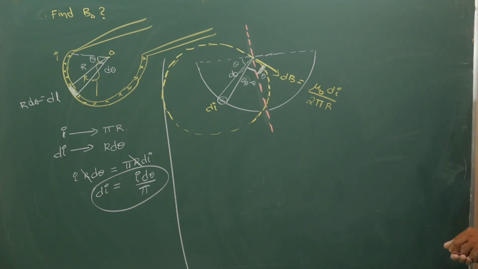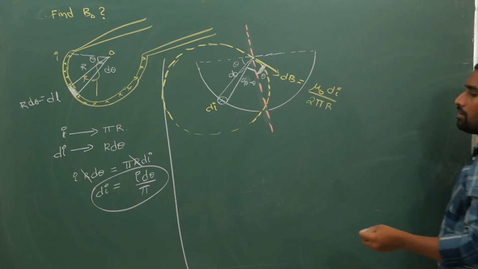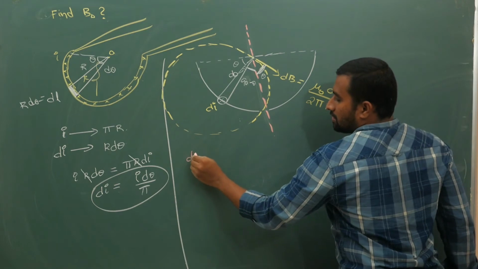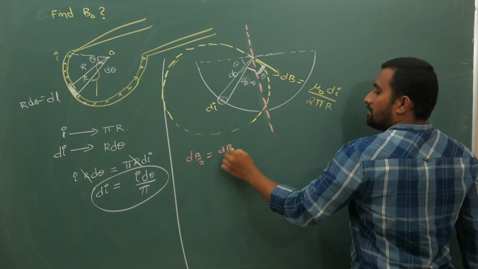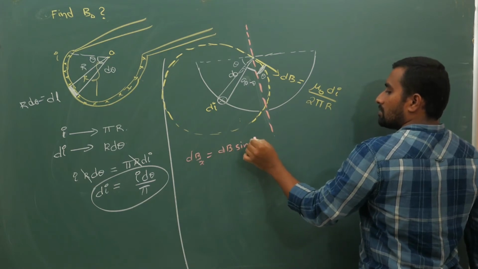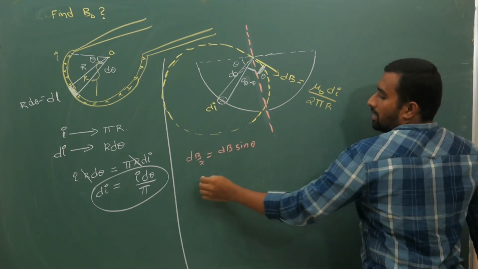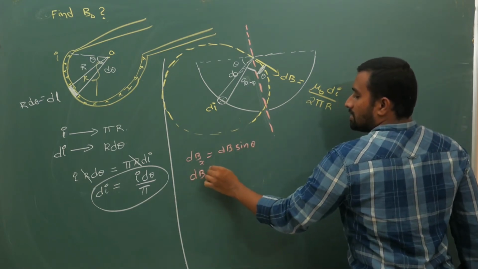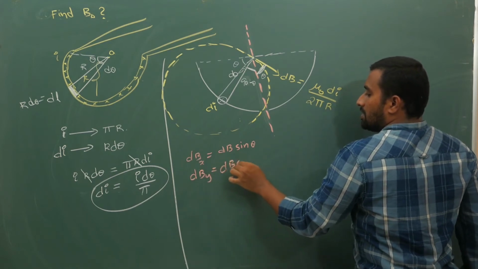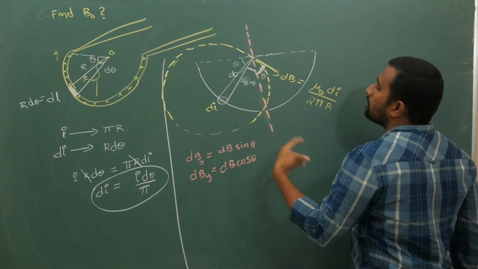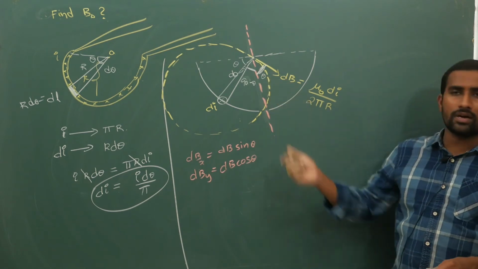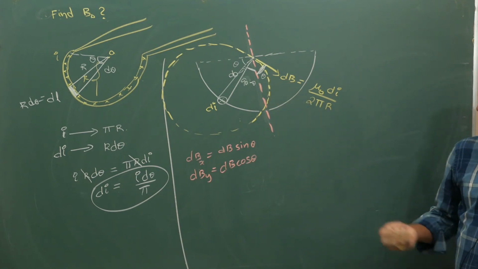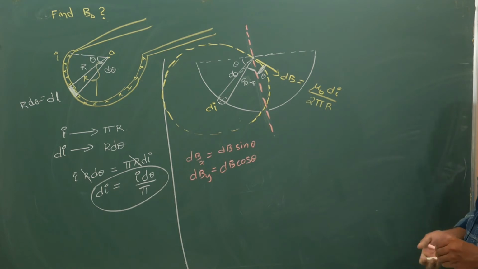So your small magnetic field will obviously have two components. Your dBx is dB sin theta and your dBy is dB cos theta. You will have two components because this is a vector. It is in the fourth quadrant like this. Now each component will simplify.